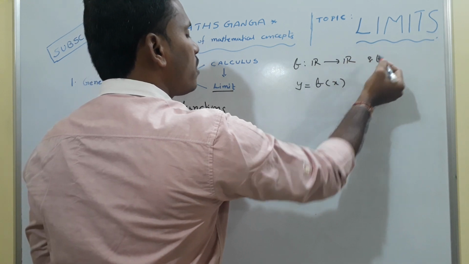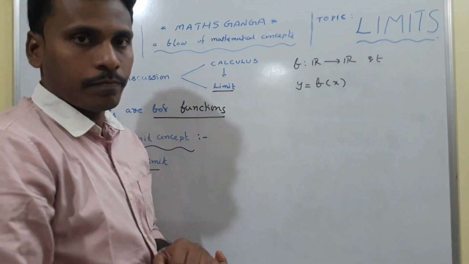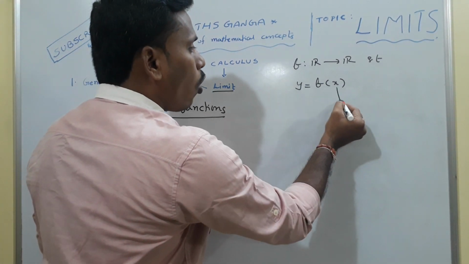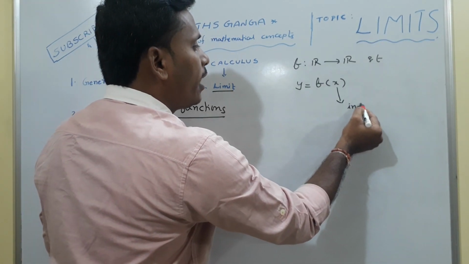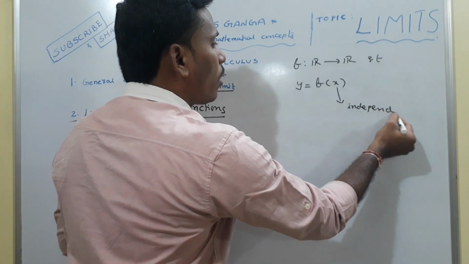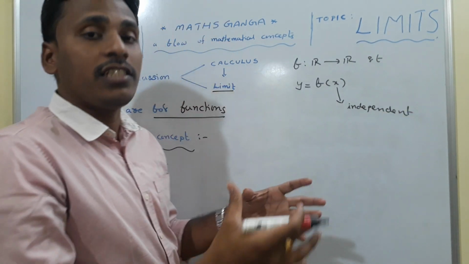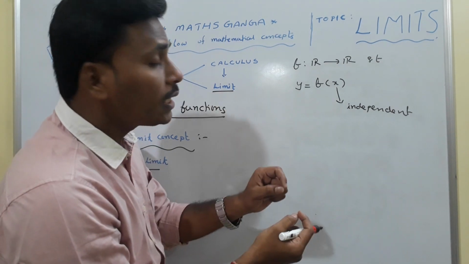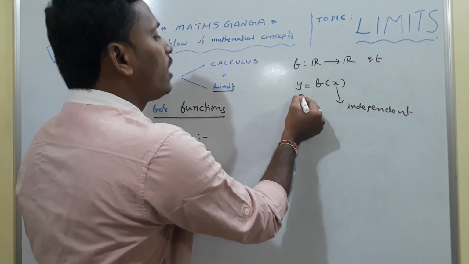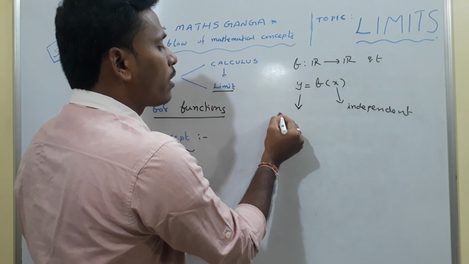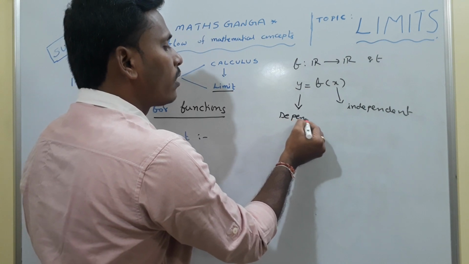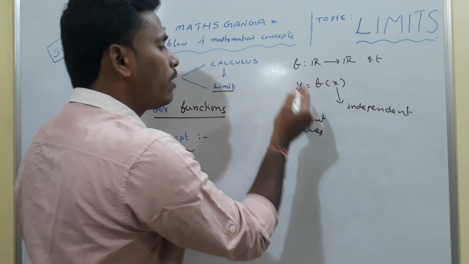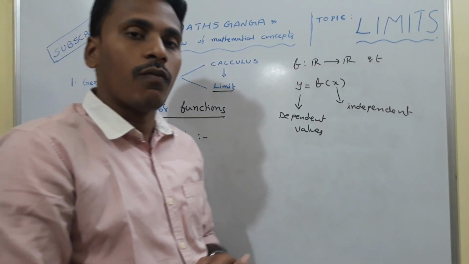In this, we call x the independent variable because we have independent chances to take any value in the place of x. Based on that x, we get the values of y, which are f of x. So we call y the dependent variable, and x the independent variable.